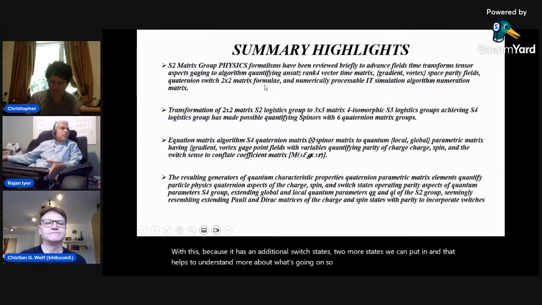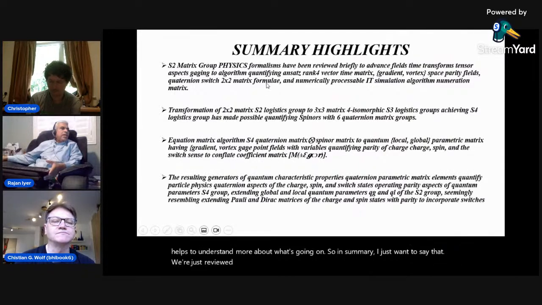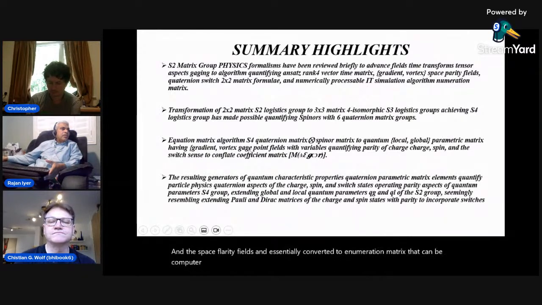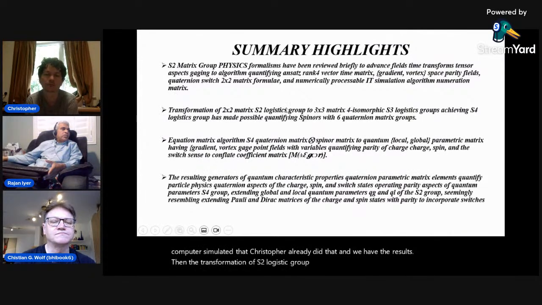So in summary, we just reviewed the physics formalism, just the equations I put, and also a rank 4 vector and the space parity fields, essentially converted to a numeration matrix that can be computer simulated. Christopher already did that, and we have the results. Then the transformation of the S2 logistic group uses the logistics aspects to convert from S2 to S3.